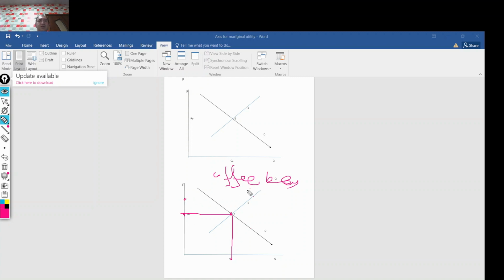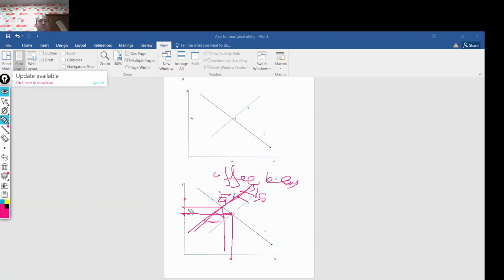They will stand ready to supply less. At that price, instead of supplying Z, they will supply less. Your supply curve shifts from S0, the original one here, to a new supply curve S1. And your new equilibrium point, E1, in consequence will have which properties?